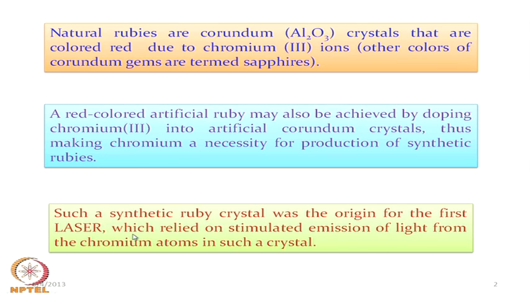So, this laser is basically dependent on ruby crystals, and these are known as ruby lasers. It is dependent on stimulated emission. This S is stimulated, the stimulated emission of light from the chromium atoms in such a crystal when chromium is trapped within the corundum lattice.